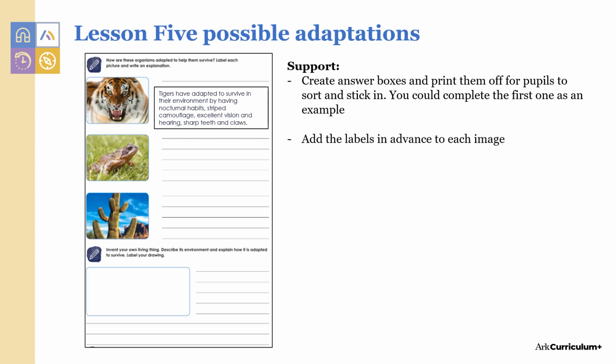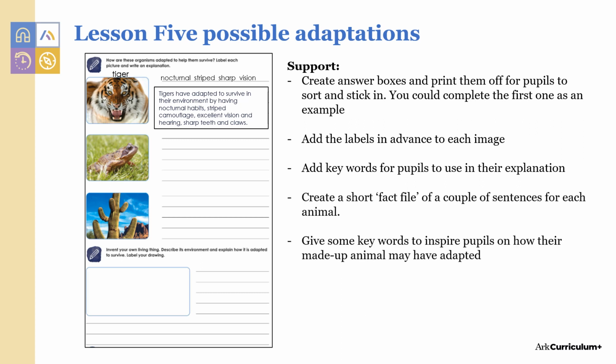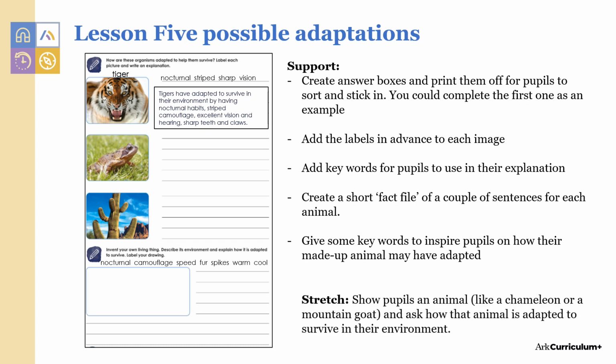You could add the labels in advance to each image, add keywords for pupils to use in their explanation, and create a short fact file of a couple of sentences for each animal. You could also give some keywords to inspire pupils on how their made-up animal may have adapted. Stretch pupils by showing them an animal, like a chameleon or a mountain goat, and ask how that animal is adapted to survive in their environment.